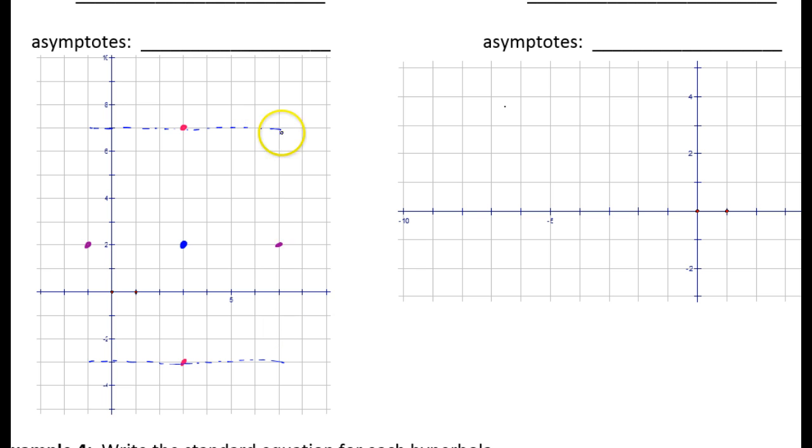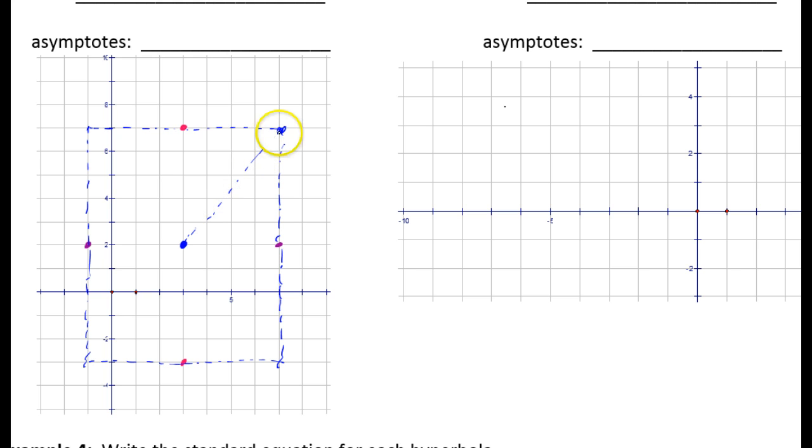All right, so just draw a rectangle through the vertices and the co-vertices as a dotted line. Okay, now, what was this? 5/4. So the asymptotes will go through the diagonals of this rectangle.